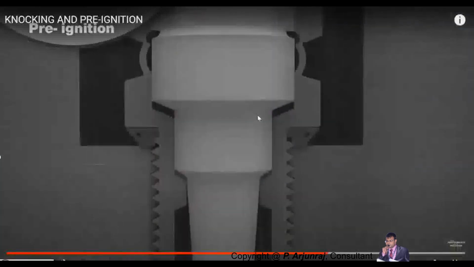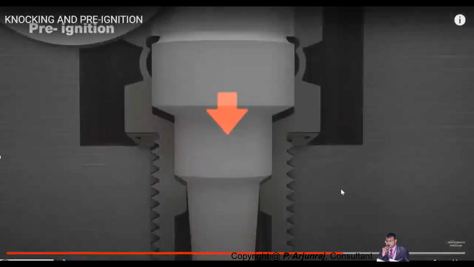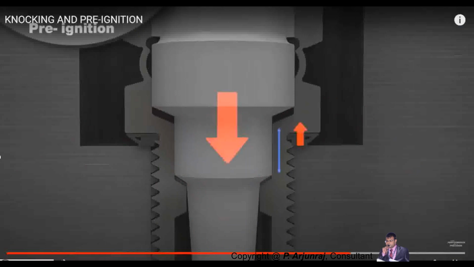So this is the spark plug having the electrodes. Even the length, and you have the electrodes in the spark plug.